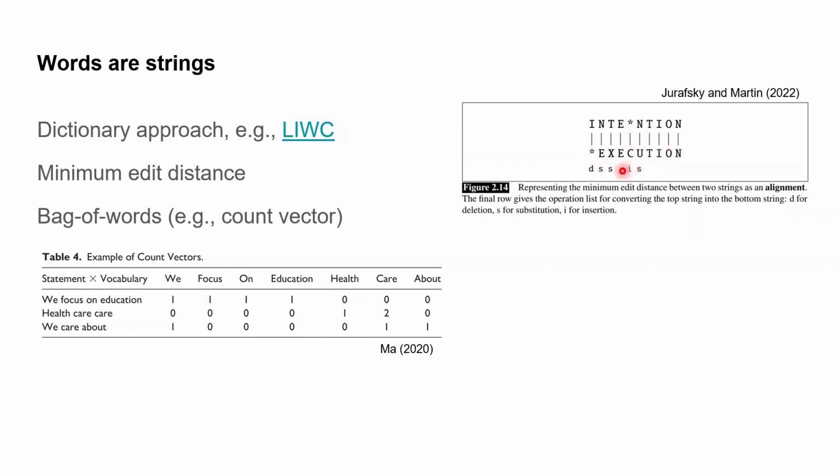And each of these operations has a score, so this kind of cost is called edit distance. This is one way to measure the similarity between texts, but it still treats them as strings.